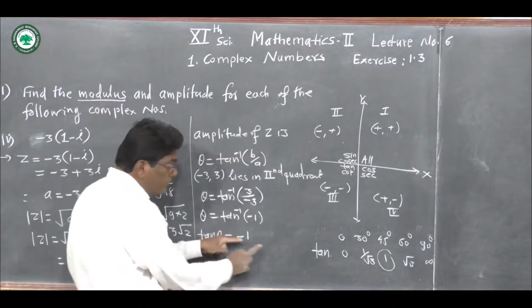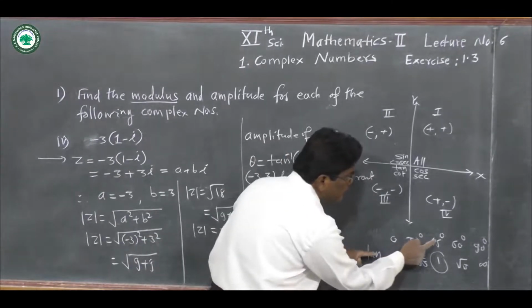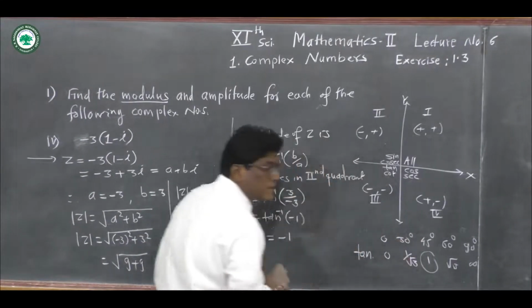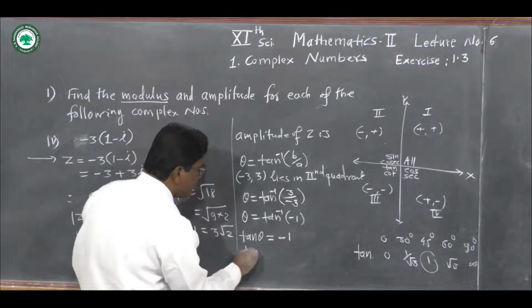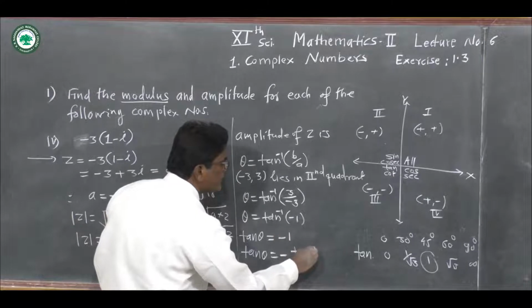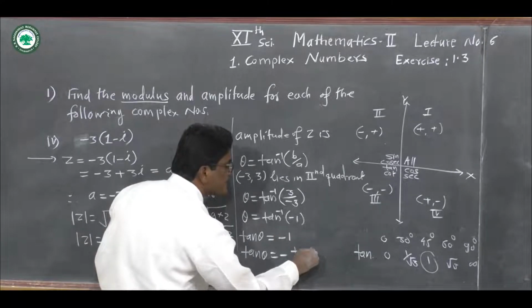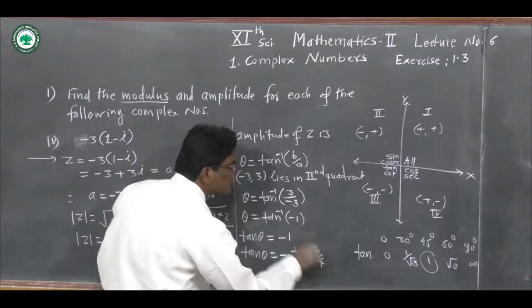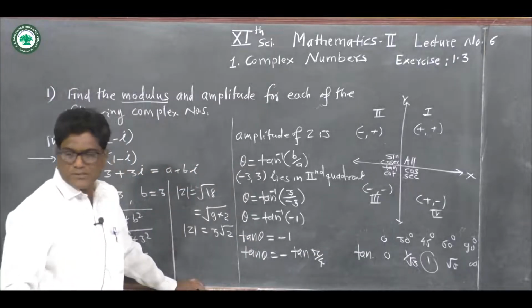And 1 is the value of tan of which angle? 45 degree. Tan of 45 is 1. So tan theta is equal to minus tan 45 degree, and 45 degree means pi by 4 radian. Always write in radian measure.